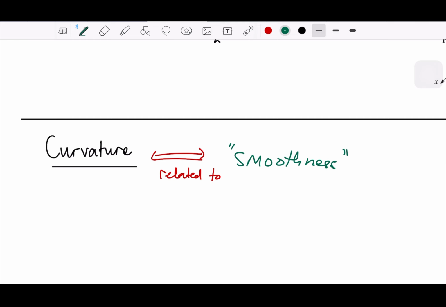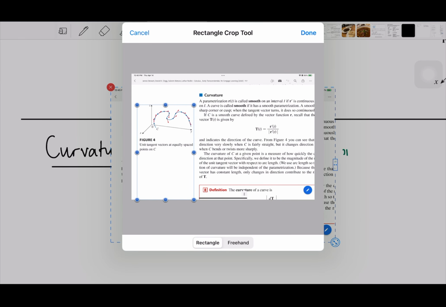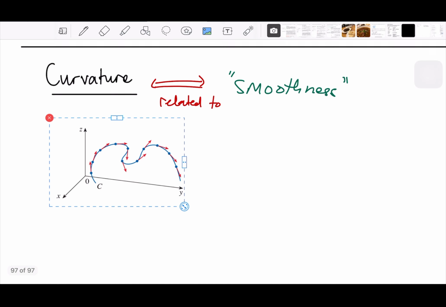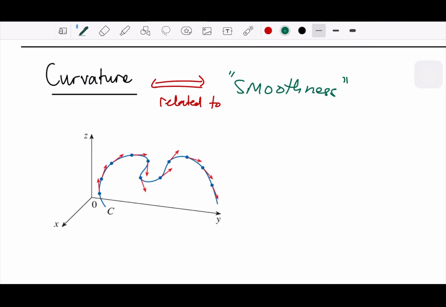Let me put a picture here. We can say the curvature is how smooth your curve really is.